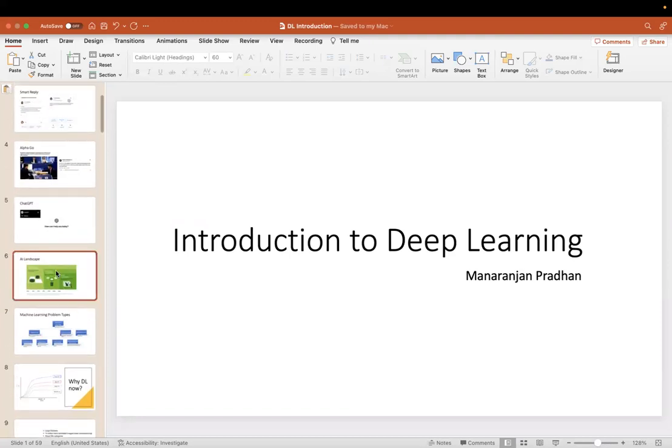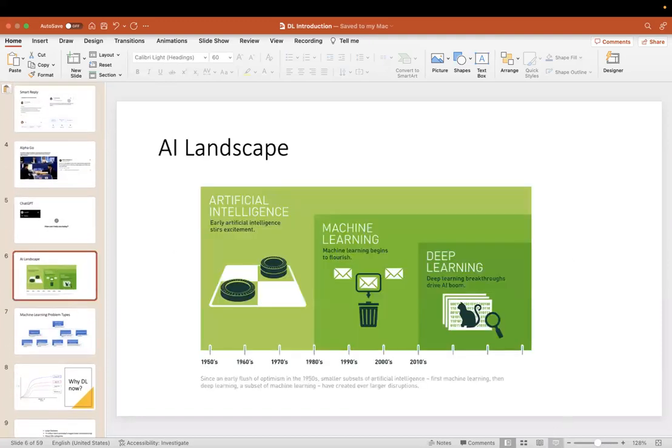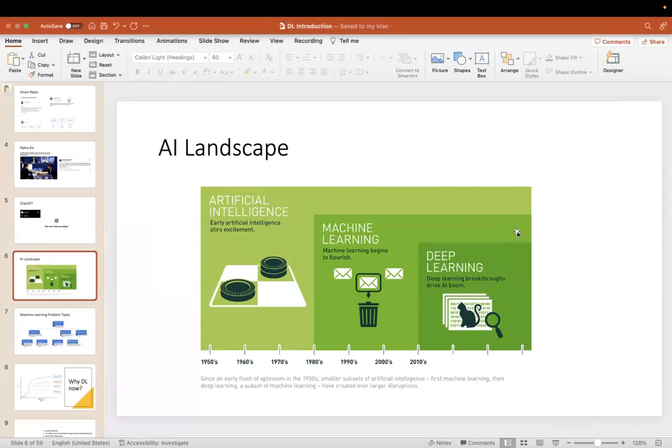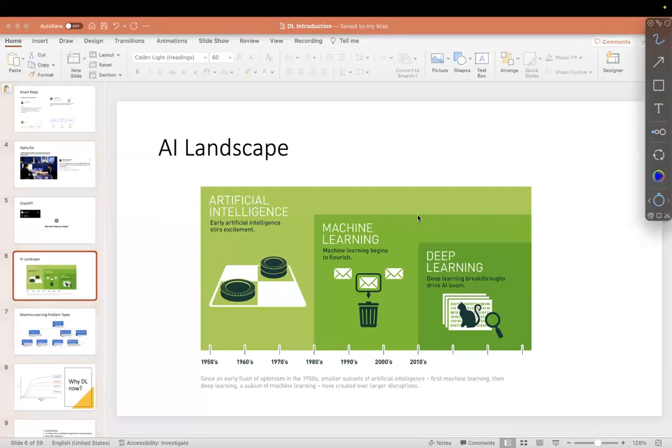Okay. So of course, I want to start with this particular slide. You might have already seen. So if you look at artificial intelligence, right? Any mechanism that you can build in for a machine to take decisions like humans can fall under artificial intelligence.